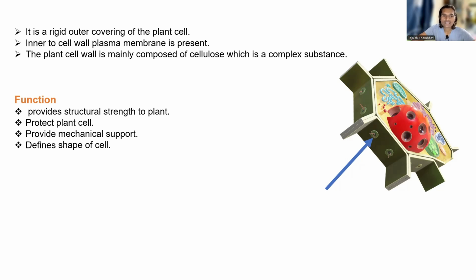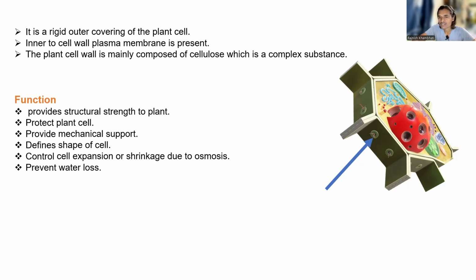It will define the cell shape. It controls expansion or shrinkage due to osmosis. It will not let it over-shrink or over-expand. It will help in prevention of water loss. The plant cell wall will not allow high water loss. Obviously, they will be losing water, but not in high amount.